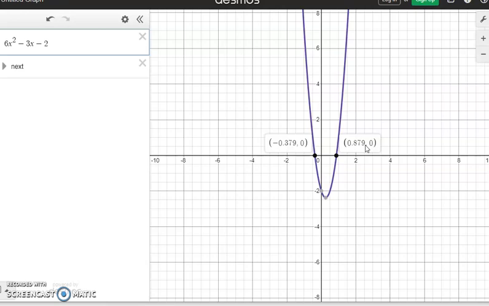Now, when I think about 6, it has factors of 2 and 3, which could give us denominators related to 1/2 and 1/3. Neither of these decimals look like they have anything related to 1/2 or 1/3. What that tells you is that this can't be factored completely using your traditional method. You're going to have to use another method.